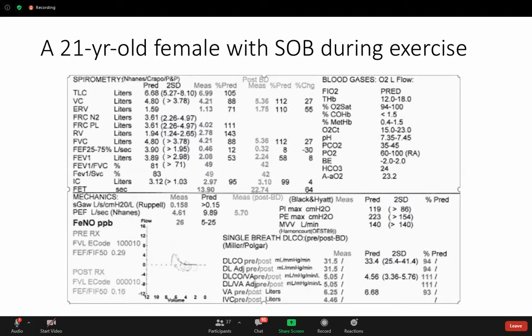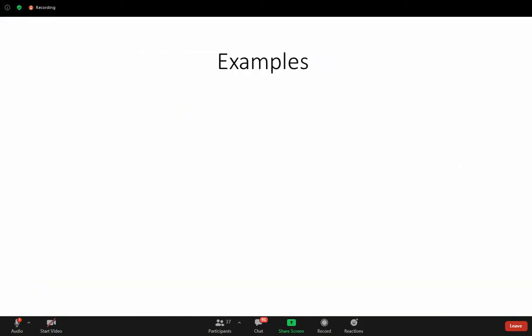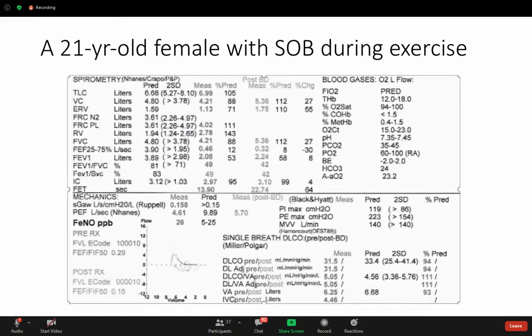It's a question. How about here? What's the first thing we should look for? Yes, good. Ratio. First thing.